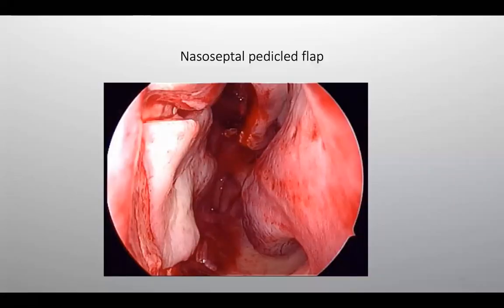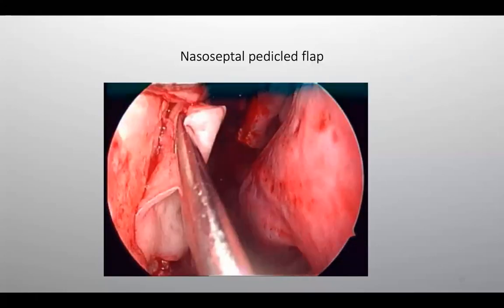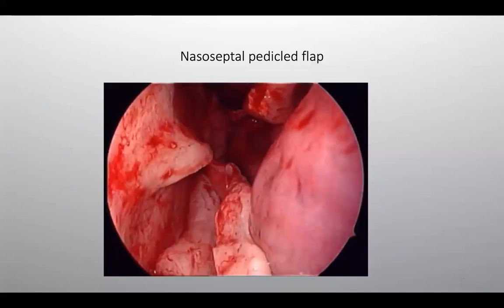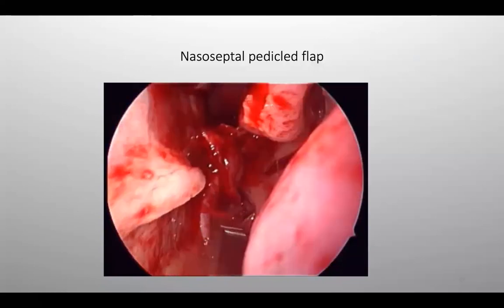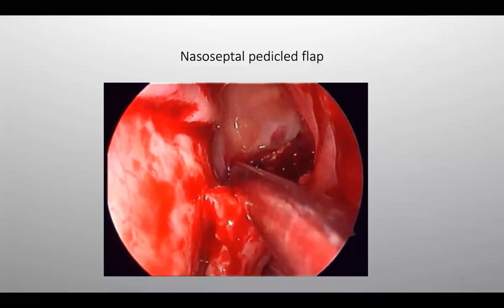So this is just an example in this image of a nasoseptal pedicled flap. So as you can see, that's where the nasoseptal pedicle flap has been harvested from. It's being pushed posteriorly with great skill. And it's been put into an area that still is not in your way.